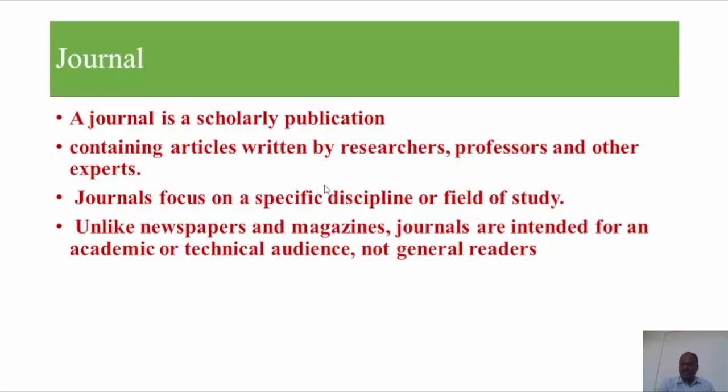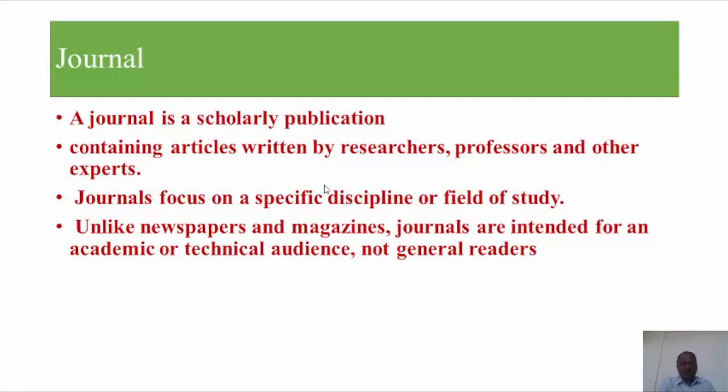But journals are intended for an academic audience. It only contains subject related articles. It does not contain political side story or other side story. It only contains articles related to that particular subject. Maybe the political science subject is there.